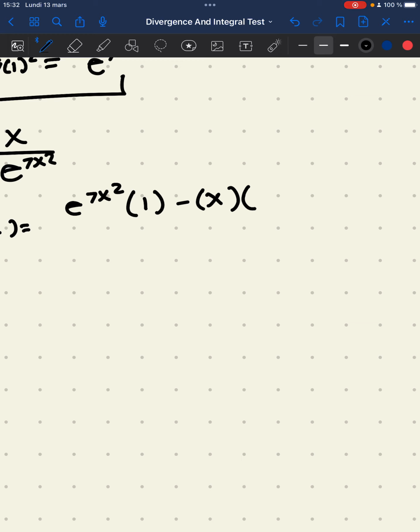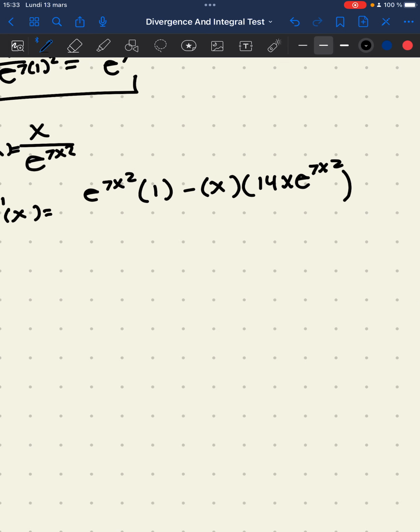which will be, let me see what I got over here. Yes, it'd be actually not going to be negative, just 14x e to the 7x squared, in parentheses. There we go, we can just do that.